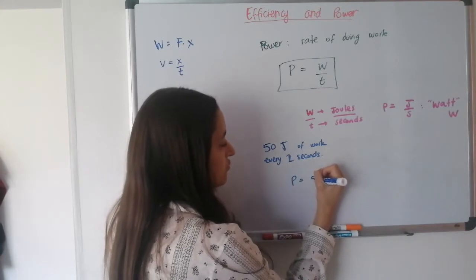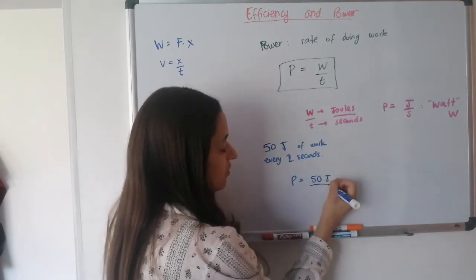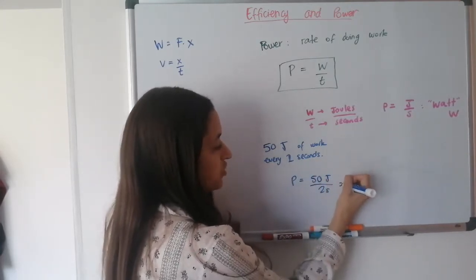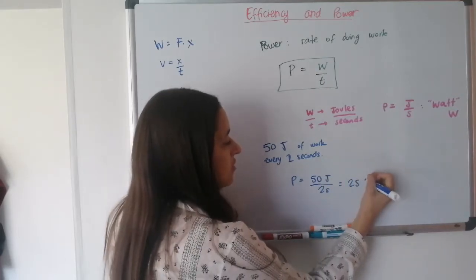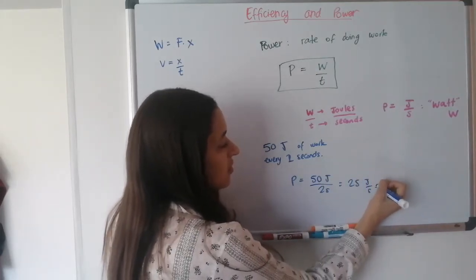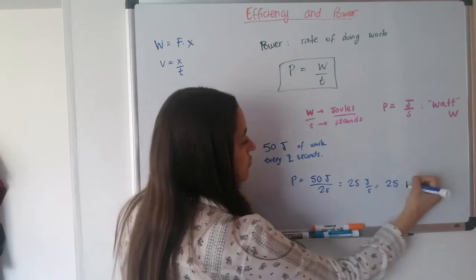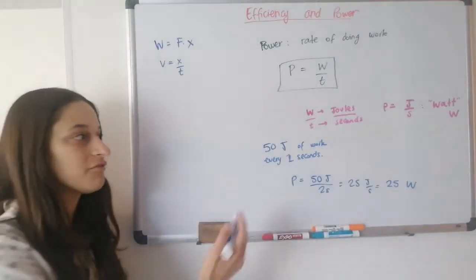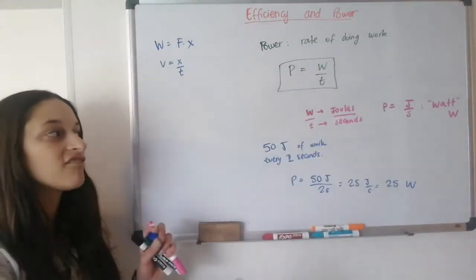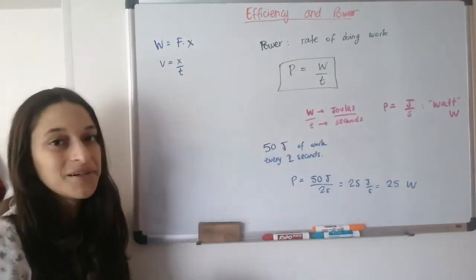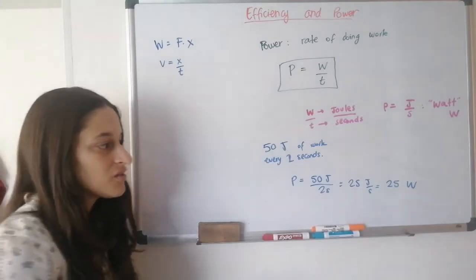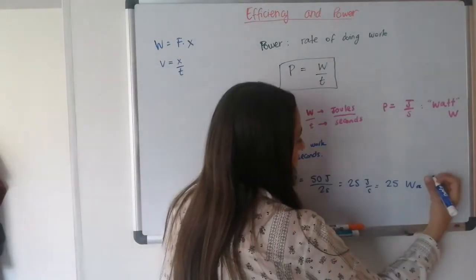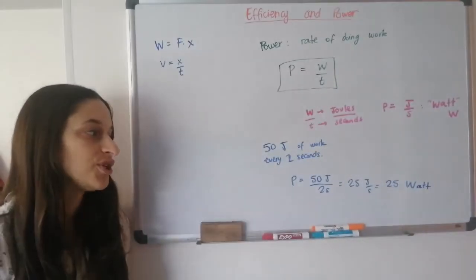So 50 joules of work over 2 seconds of time gives us 25 joules per second, which is 25 watts. You can write it as W, or you can write it as watt if you don't want to get confused with work, because it's confusing to have work and watt in the same problems. So you can leave it as watt, or write vatios, the Spanish word for the unit.